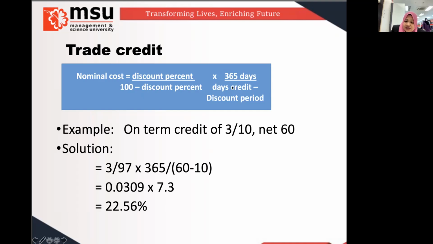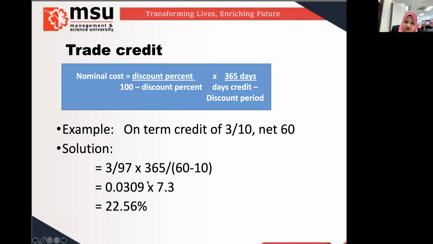And then multiply with 365 divided by the credit period minus the discount period. Just now the credit period is 60 days, so 60 minus 10 is 40. So 365 divided by 40, you will get this answer.